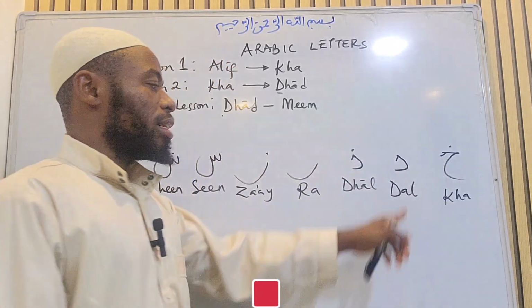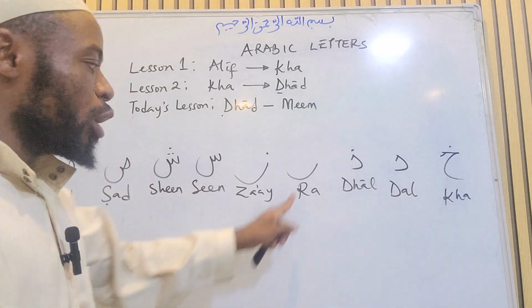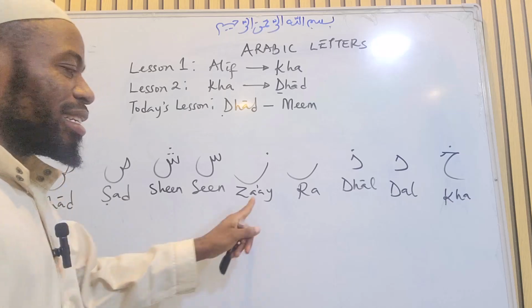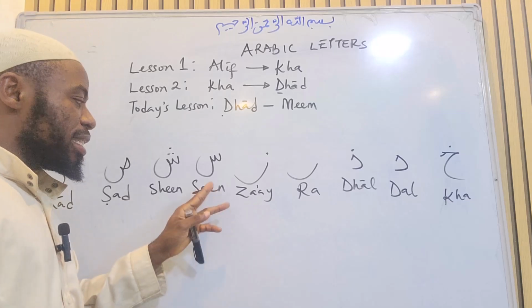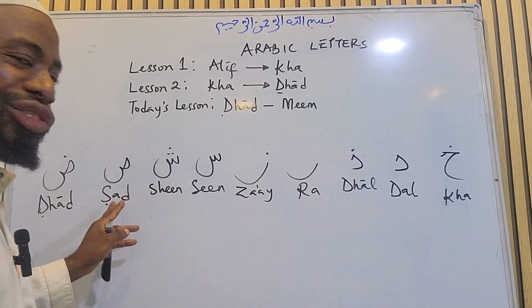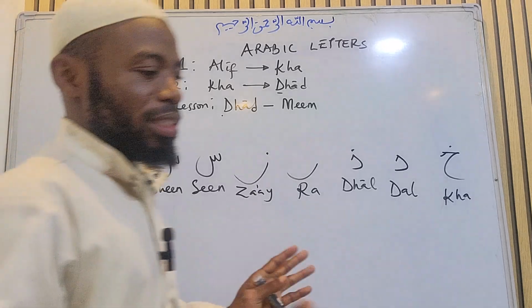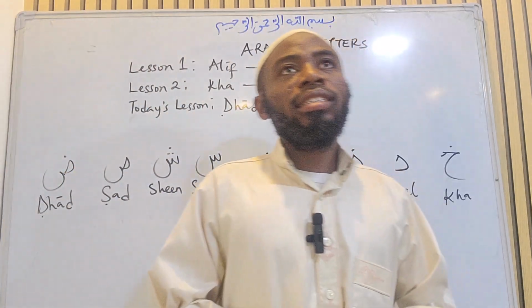Ha, Dal, Zal, Ra, Zai, Sin, Sheen, Sword, Dod. So that is the revision for the last class.